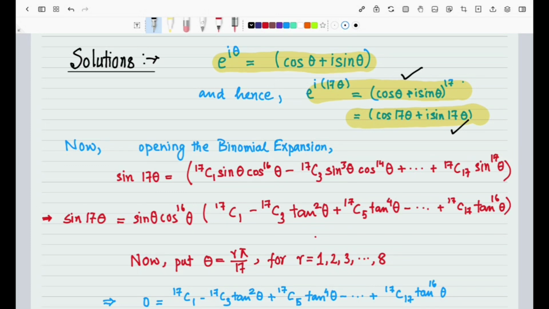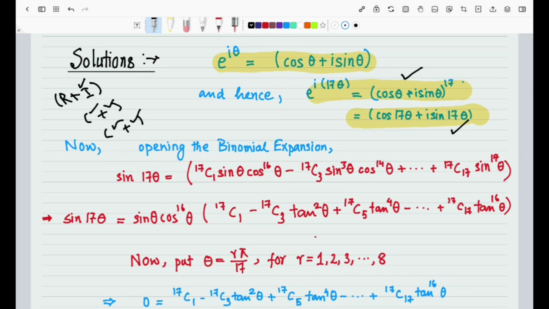Think of it as 17 brackets, each containing a real part and an imaginary part. I can take one imaginary part and all the other real parts, or I can take 3 imaginary parts and all the rest as real parts.